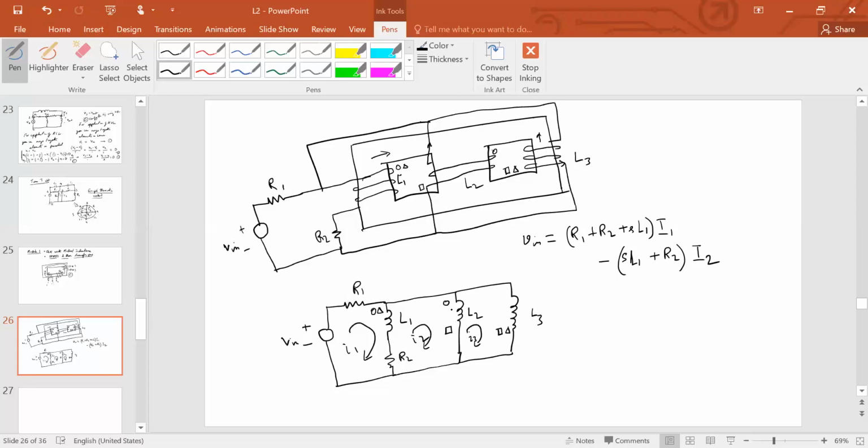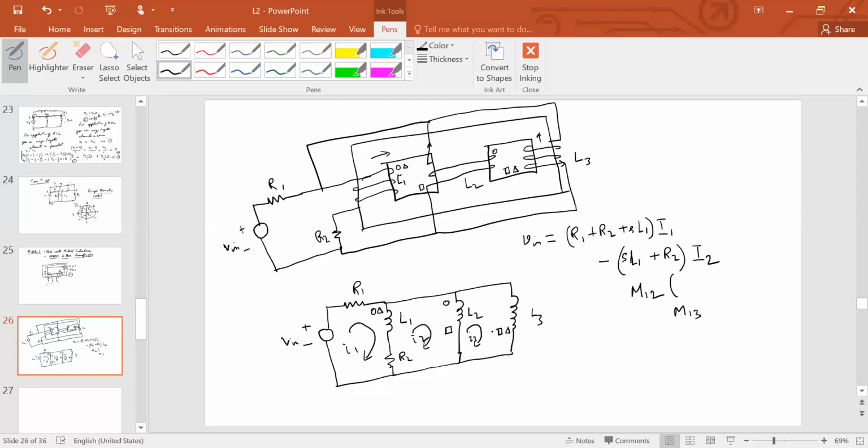It is basically I2 minus I3 according to this convention. But what will be the sign of this? That is what we are most interested in. So let me write M12 and M13. These are the two mutual induction terms that will be associated with this equation. But we don't yet know the sign.